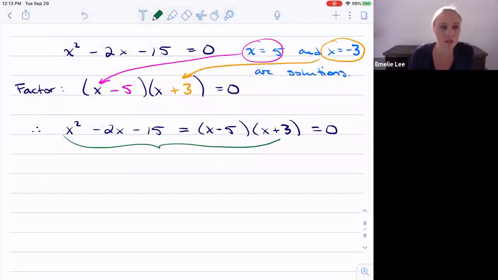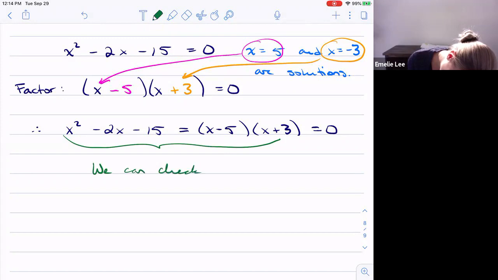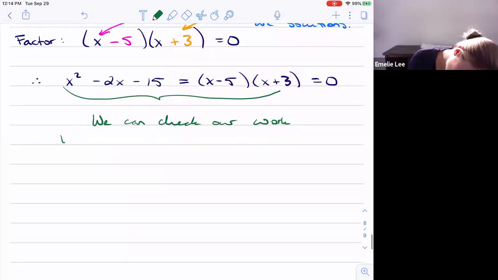Let's check this, right? Just like we did with our other factoring, we can check our work by expanding out to make sure that we get to the same spot.